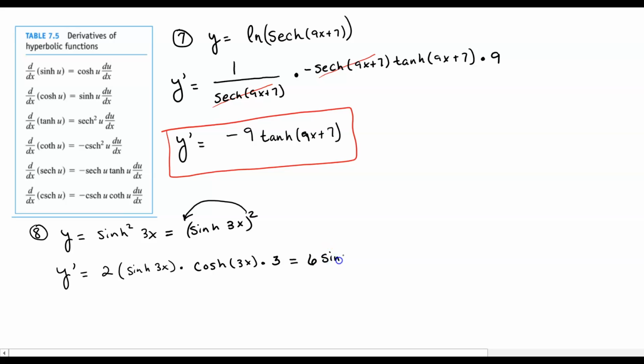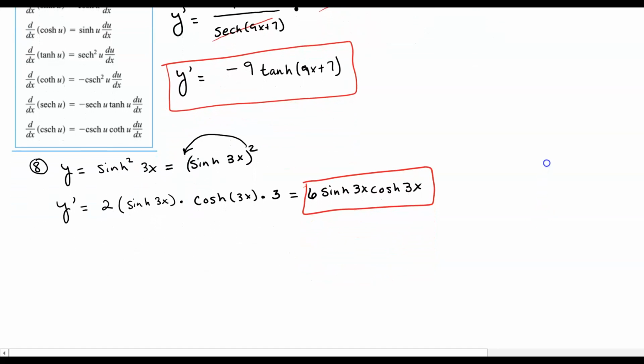And then we end up with sinh of 3x cosh of 3x. And so that right there represents the derivative of this chain rule problem, again using hyperbolic functions. So this right here is our derivative. All right, and let's take a look at one more example here.